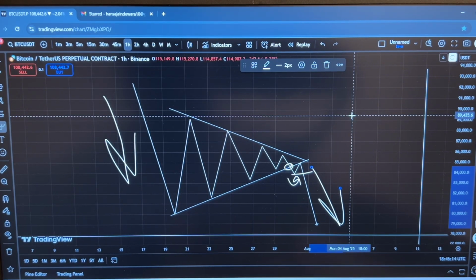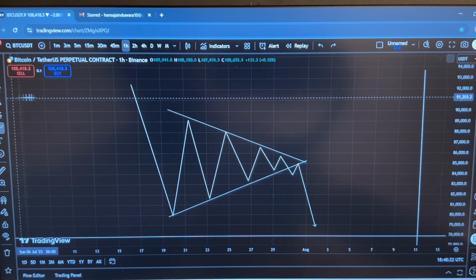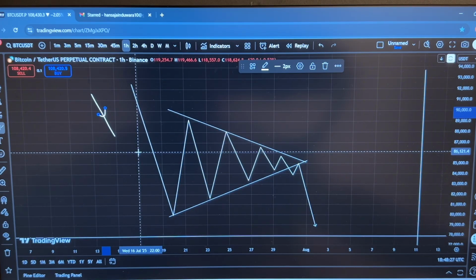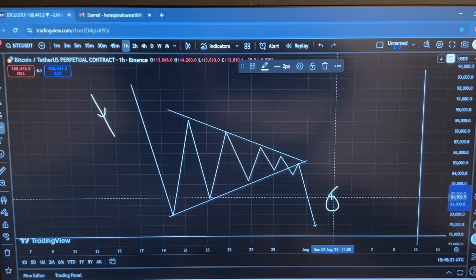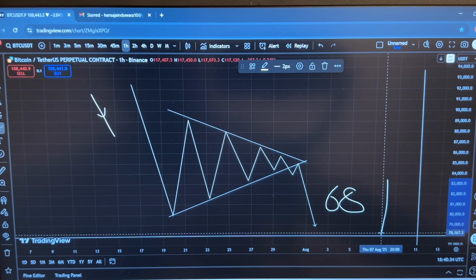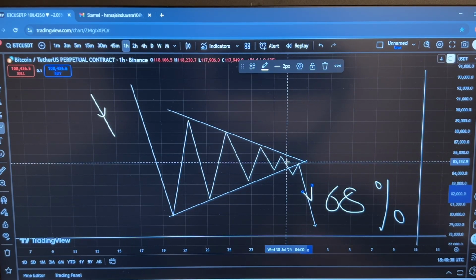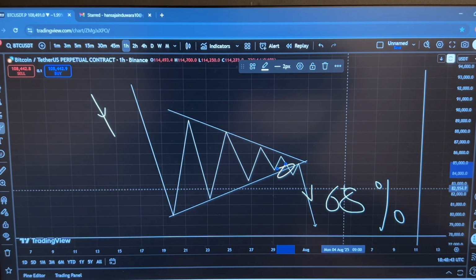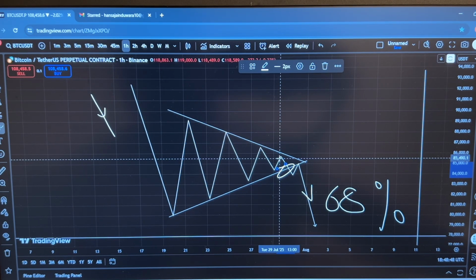Always remember, if the initial market is coming from a downtrend, there's a 68% chance of it respecting that initial movement, and it's going to break this trend line over here and then continue in a downtrend. But I've told you guys this earlier as well.